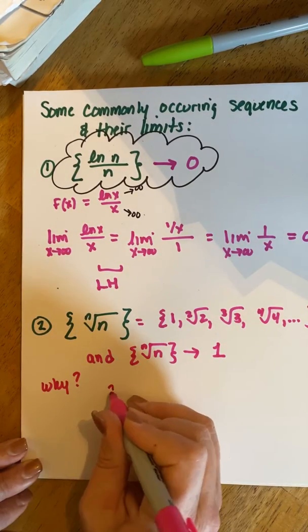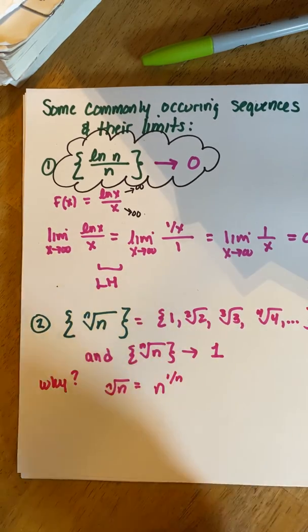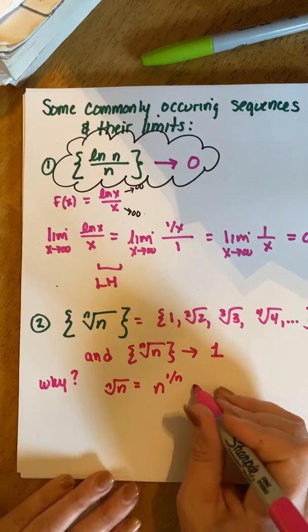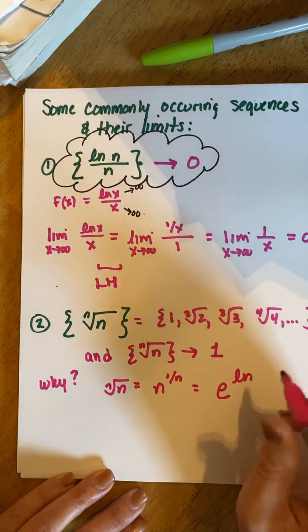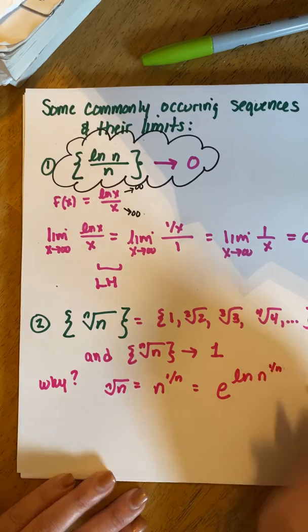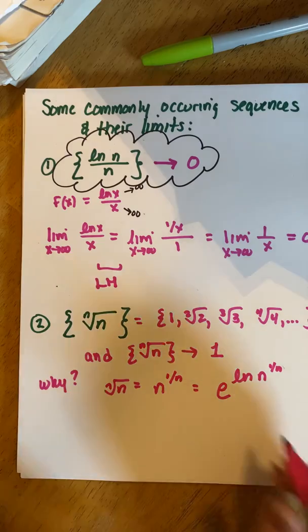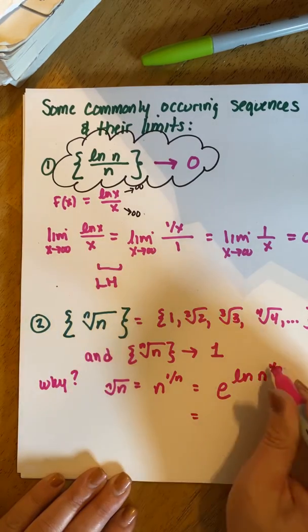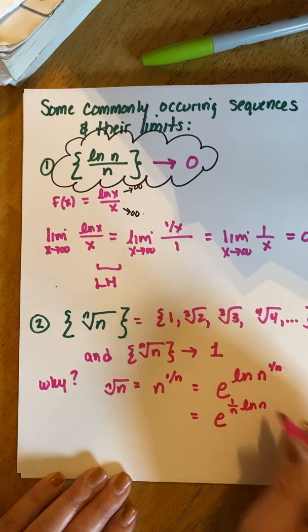If you want to know why, I think this is kind of pretty cool. Well, the nth root of n is equal to n to the 1 over n power. But by properties of logs and exponents, this is so cool, because e to the natural log of anything is just what's inside the natural log. But now I can bring this power out front. This is e to the 1 over n times the natural log of n.